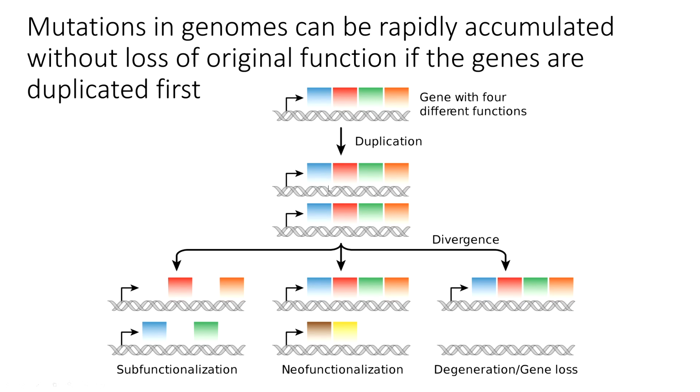However, if that gene was duplicated, and you had an extra copy of it, these genes could stay stable while the spare copy can develop new functions. That's the neofunctionalization shown here. That's one of the ways that mutation can really contribute to new functionality in prokaryotic genomes.